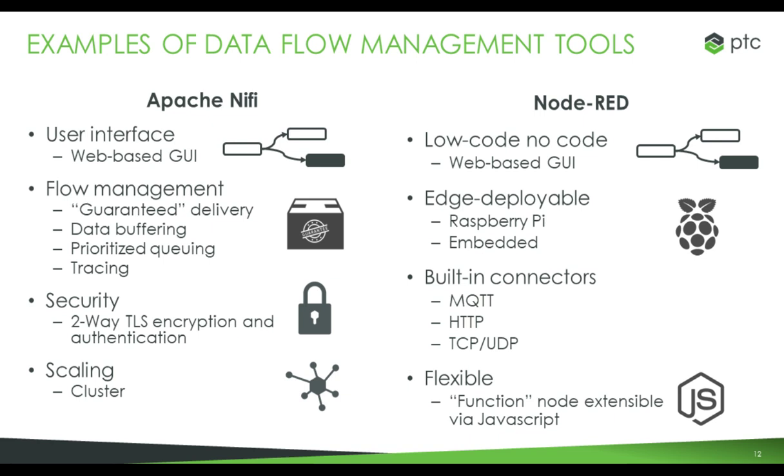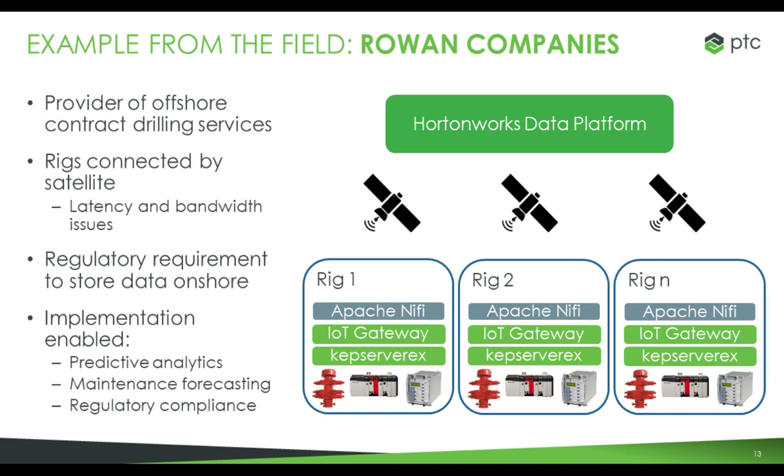And I do want to jump to the example from the field that we have, and this example comes from Rowan, which is an oil and gas offshore drilling company. We joined their connectivity story when they were faced with a changing legal requirement, which stated that safety data needed to be transmitted to and stored onshore.